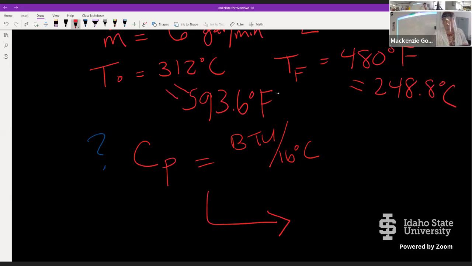To go to SI, we'd have to do this in terms of joules, or sorry, this should be F, right? Joules per kilogram degrees Celsius, right? So we're either BTU per pound degree Fahrenheit or we're joules per kilogram degrees Celsius.